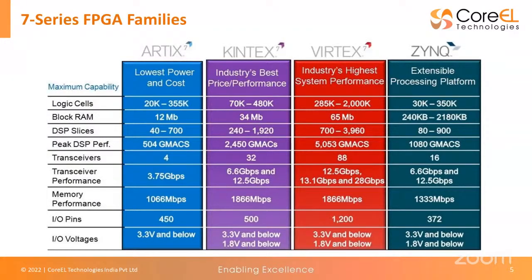With Artix, we are looking at lower end logic resources available to us, somewhere between 20K and 355K logic cells, with a limited amount of RAM and DSP slices, and transceiver performance somewhere under 5 gigabits, essentially around 3.75 gigabits. You have a low IO count, and you will be using slightly higher voltage compared to other families.